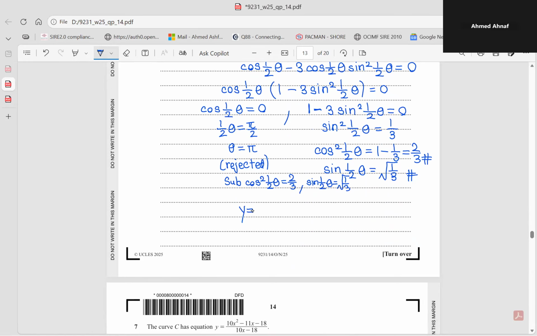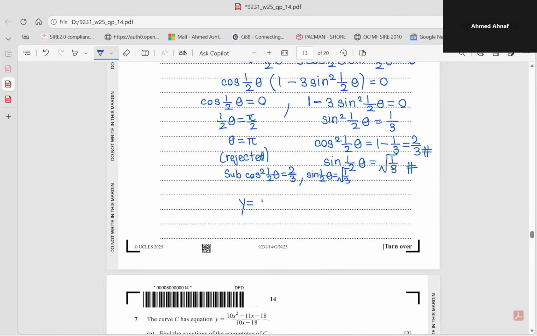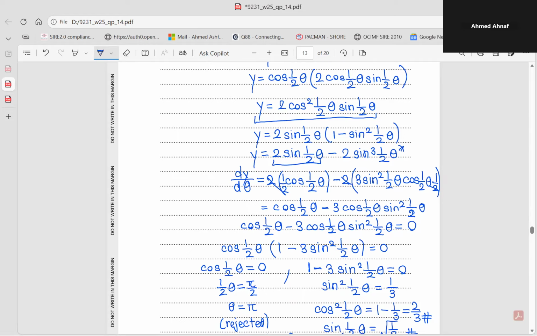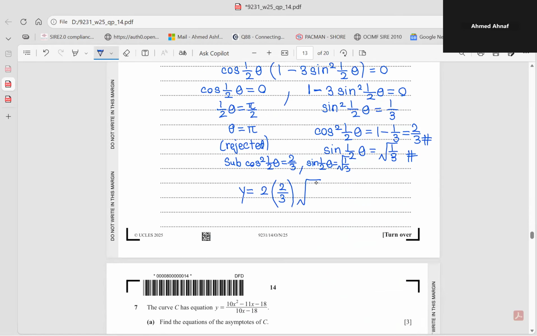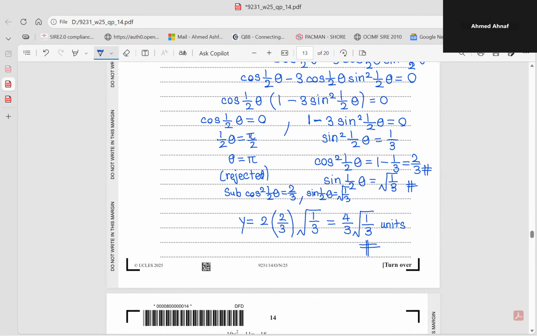So y equals 2 cos squared half theta, so that is just 2/3 times sine half theta, which is square root 1 over 3. So that equals 4 over 3 square root 1 over 3 units. So this would be our final answer for the last part as well as the entire question.